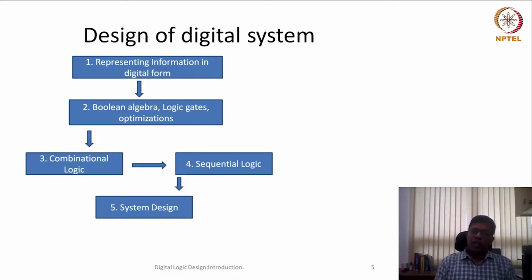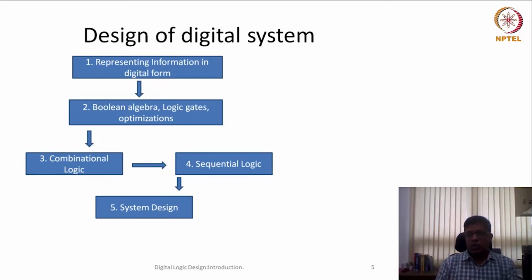So module 5 would essentially be a number of case studies and examples, so that we can design a slightly complex system using both combinational and sequential logic. All the components we have learned from module 1 to module 4, we'll use to design a full system. Whenever we talk about design, it is more at the conceptual level.